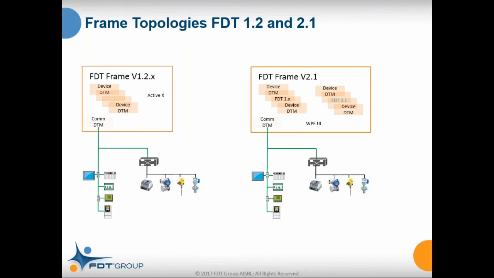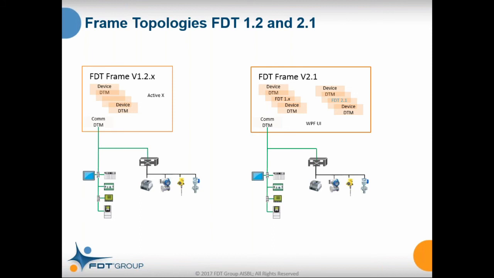Then on the right side, you've got the FDT2 or 2.1 type frames. Here we can host both a 1.2 and a 2.0 or 2.1 DTM in those frames. You can mix and match freely. But the feature set that the user sees is dependent largely on what the DTM is.